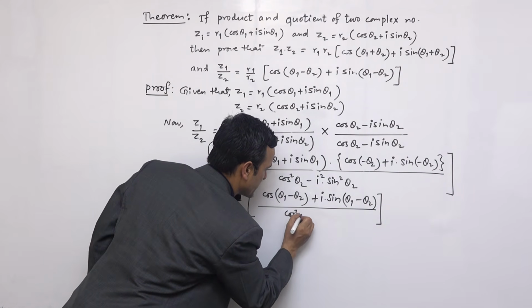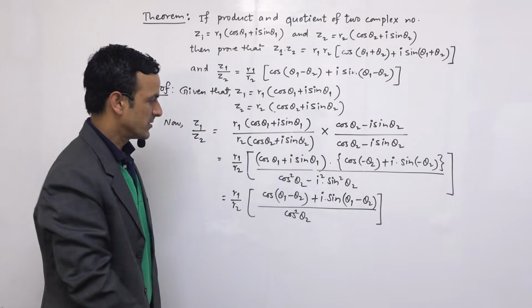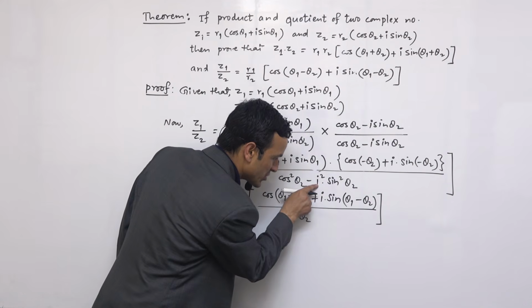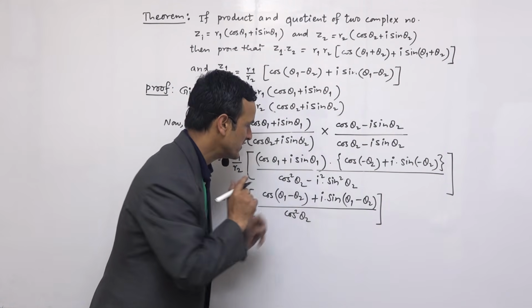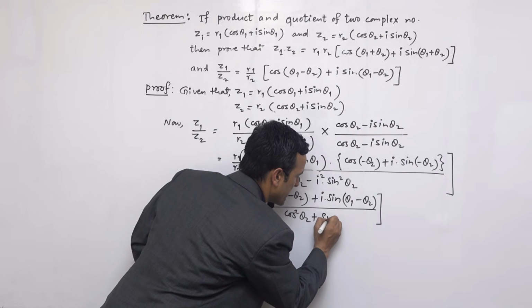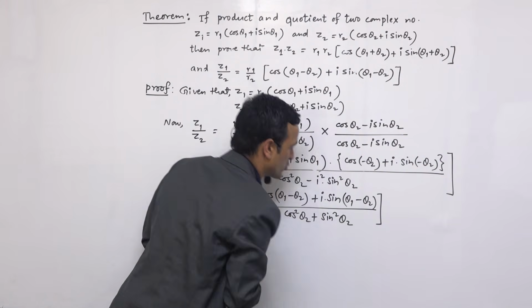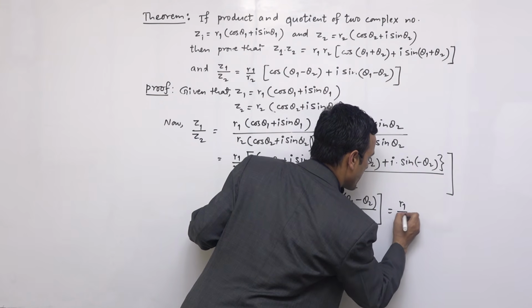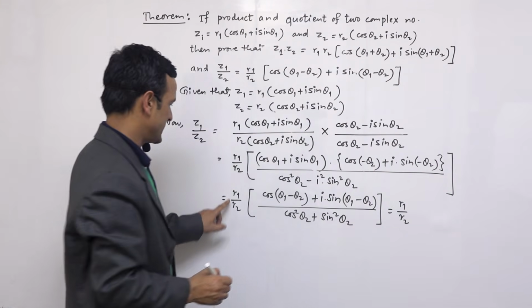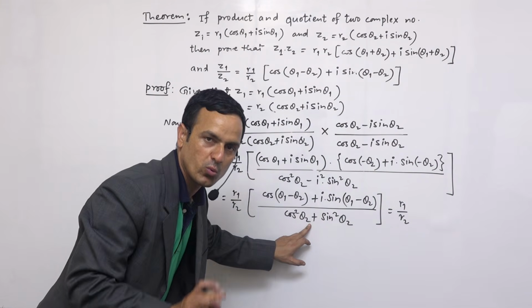And this one, here it is cos square theta 2, and minus i square means it is also minus 1, so minus 1 times minus gives plus 1, so it is plus sin square theta 2. So in this way we can write R1 by R2, this is the same, and this becomes 1.